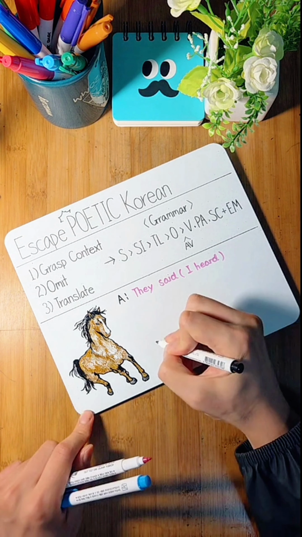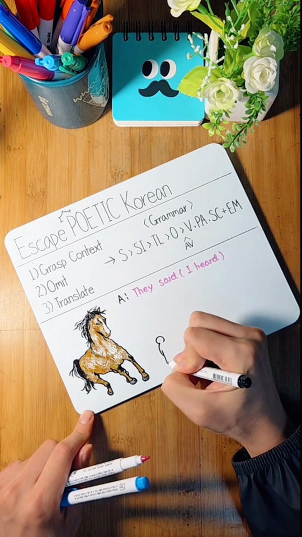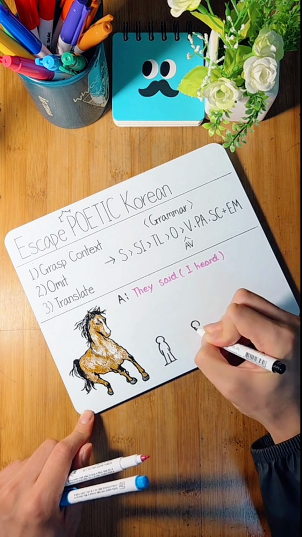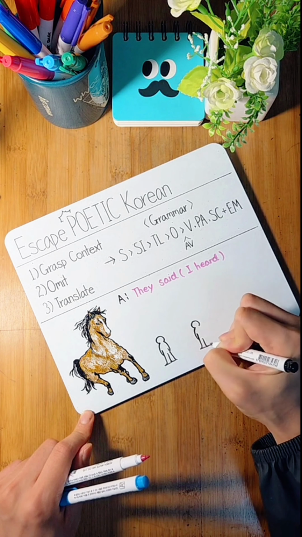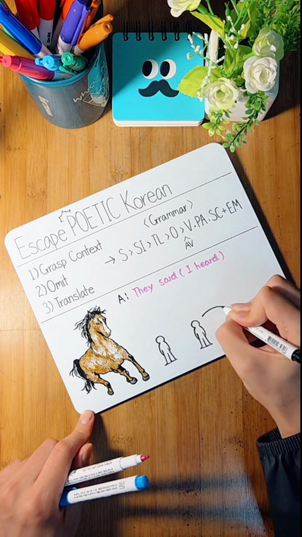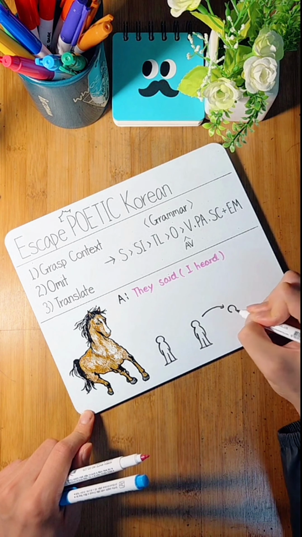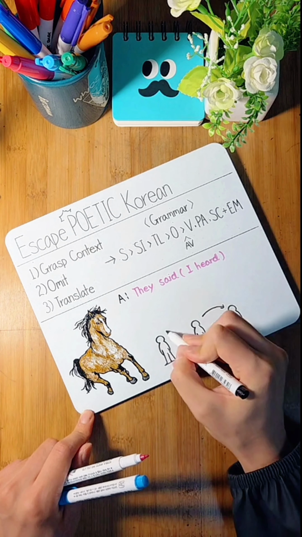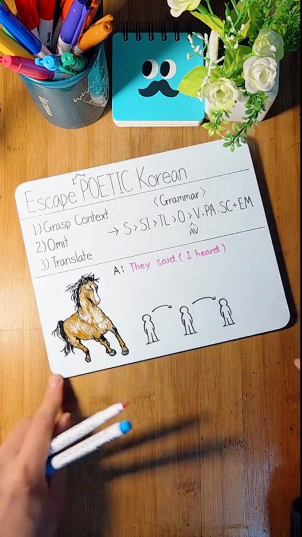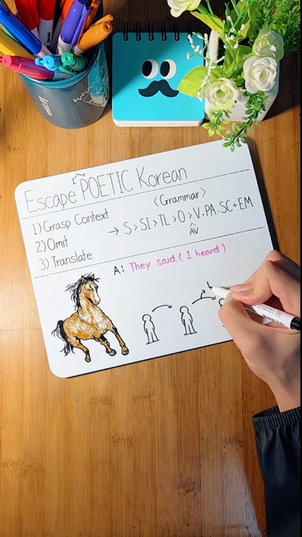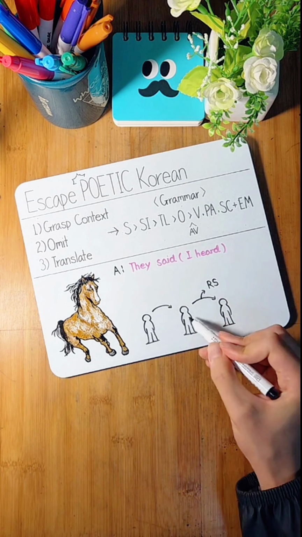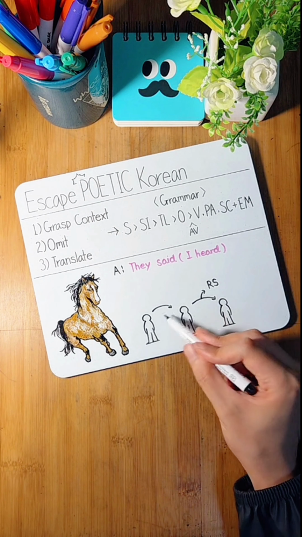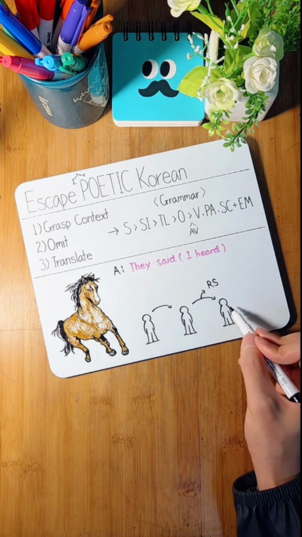So, yes, once again, we're going to use reported speech. If I am going to convey information to you, however, that information was conveyed to me by a third person, we're going to use reported speech. So I'm going to say, hey, someone told me that, or hey, I heard from someone that.